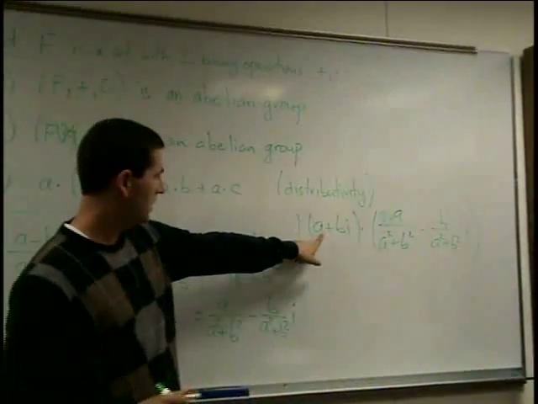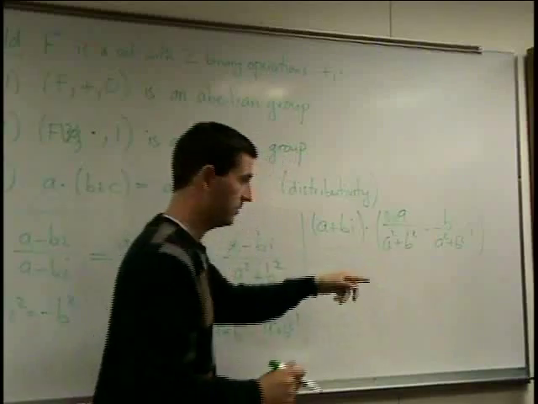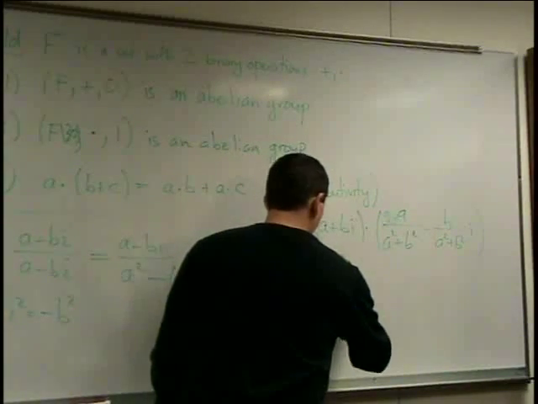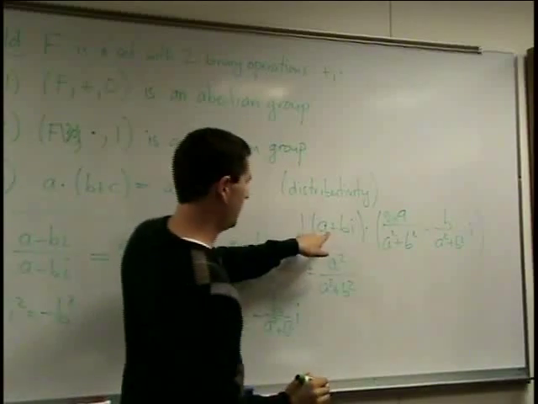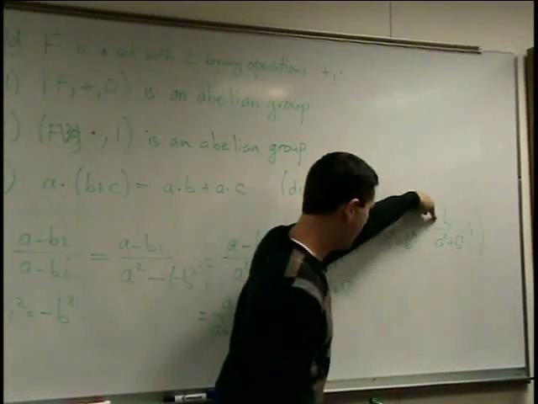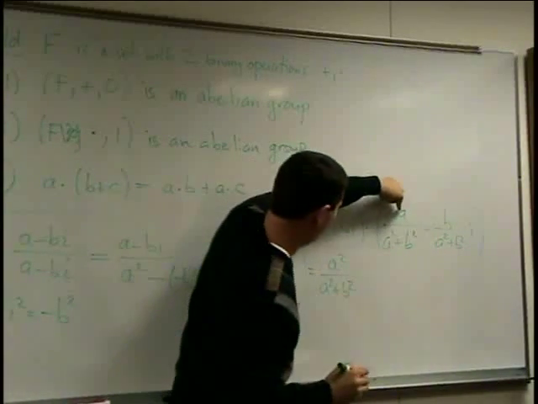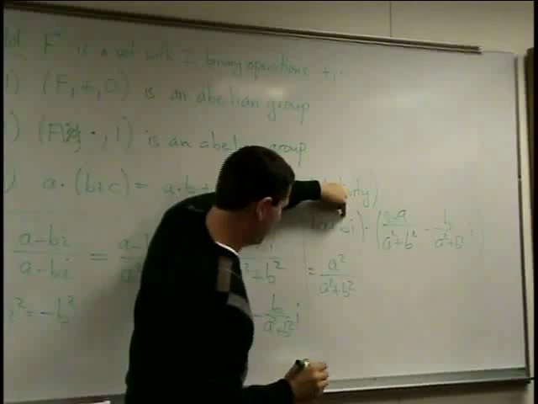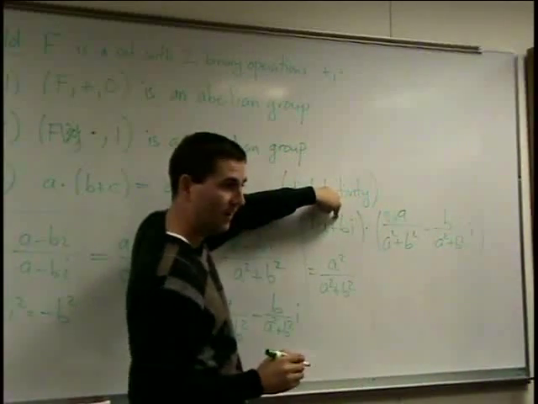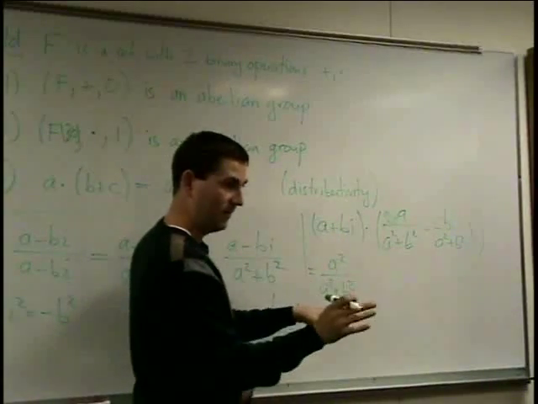Okay, well let's see. Here we get a times this bit, which is a squared on the top. And then you get an a times this bit, which gives you a minus ab on the top. But this next one is going to be a times b. So you'll get a minus ab and a plus ab, and they're all over the same denominator, and they're both times i, so they cancel.